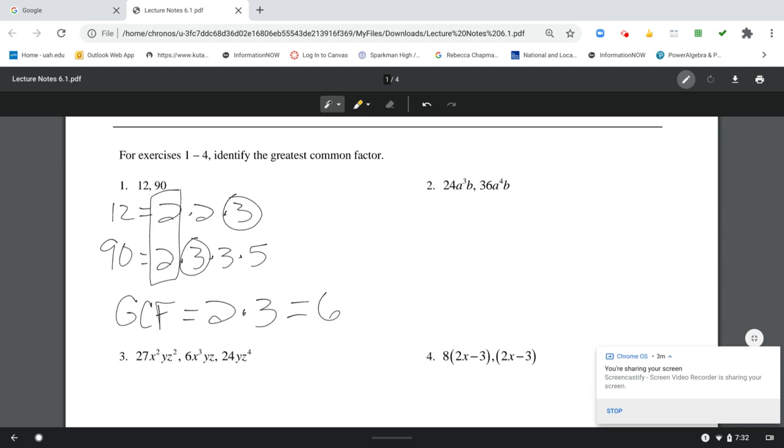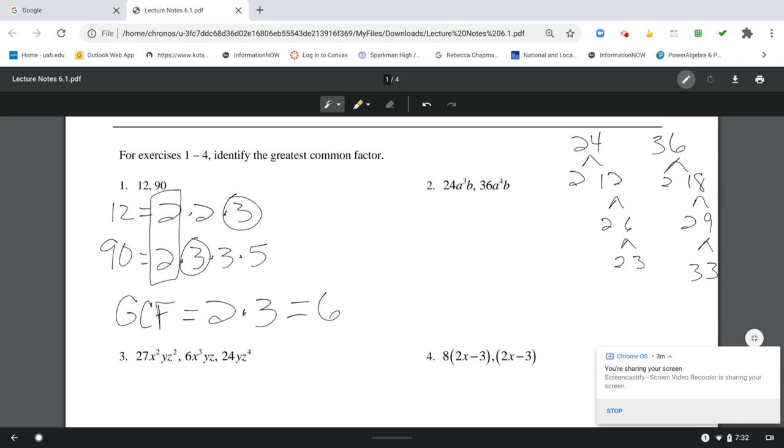So I'm going to break down 24 and 36. So using my prime factor tree, 24 has the factors of 2 and 12, 2 and 6, 2 and 3. 36 breaks down into 2 and 18, 2 and 9, and then 3 and 3.